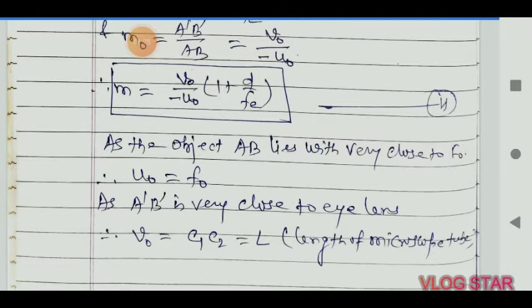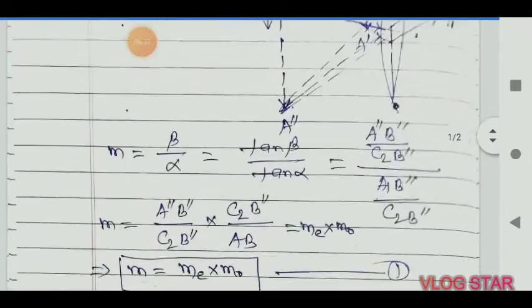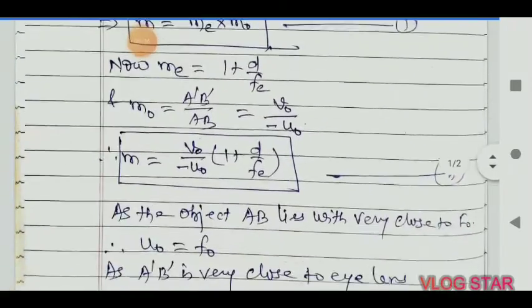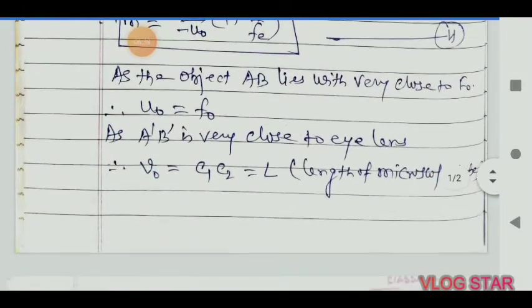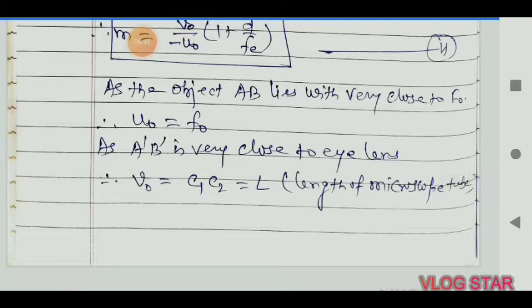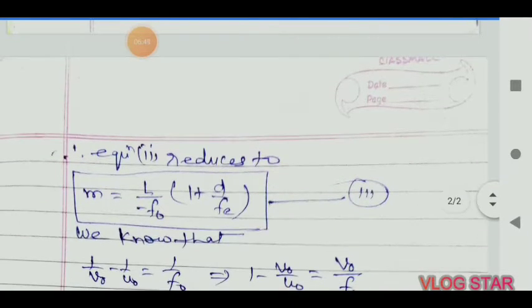And A dash B dash, the image formed by the objective lens, is very close to the eyepiece. So we can take V naught equal to C1 C2, that is the length of the microscope tube, the distance between these two lenses. So the equation will then reduce to L by minus F naught times 1 plus D by Fe.